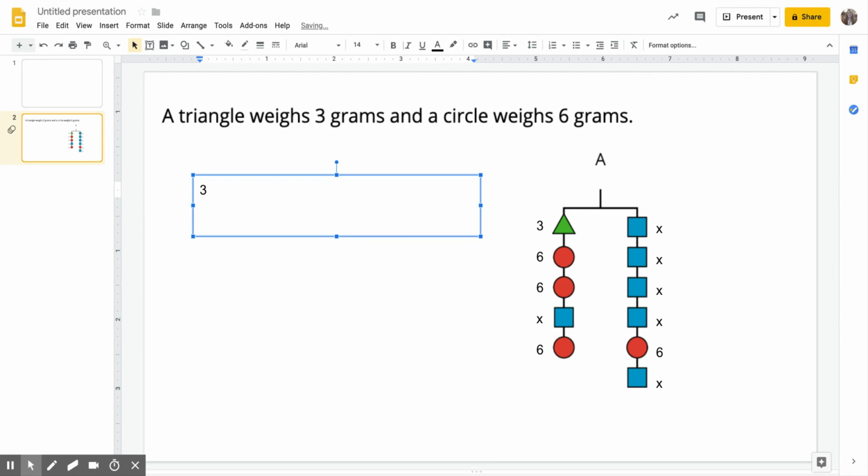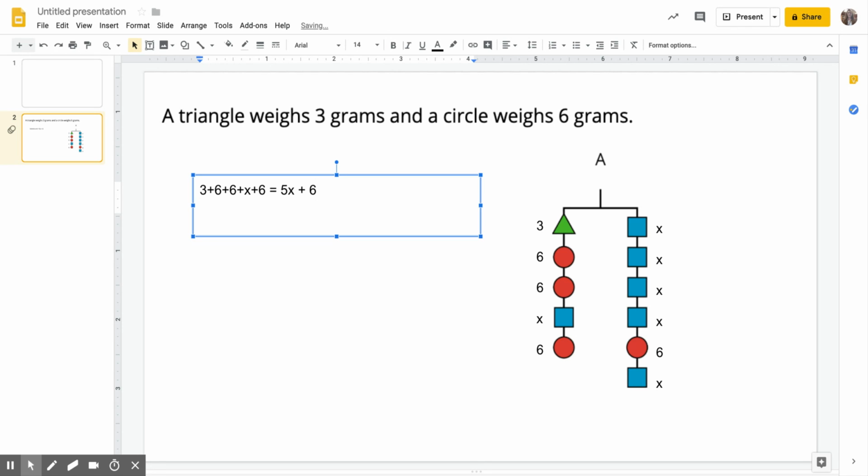We have 3 plus 6 plus 6 plus x plus another 6. We know that is equal to, well, rather than writing all of these x's, I know there are 1, 2, 3, 4, 5 of them, so I know that that's the same thing as 5x. And the only other thing on the right-hand side is one circle, which I know is 6.